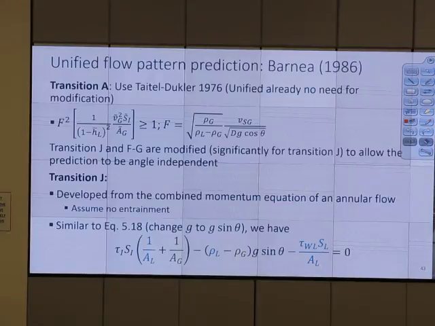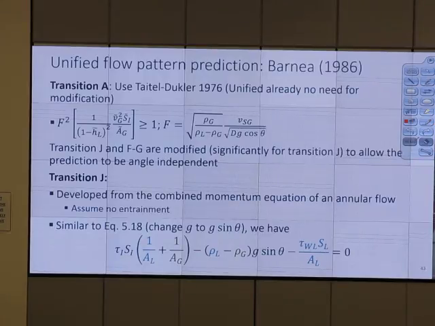Are they the same? Which term is not the same? Okay, that's the only difference, right? They change from C to G, just that. AC to AG, rho C to rho G. The rest is the same, because we assume no entrainment. So that's a combined momentum equation for no entrainment.